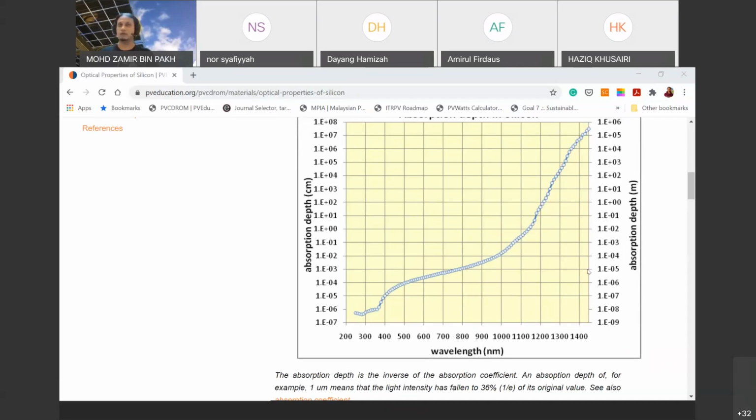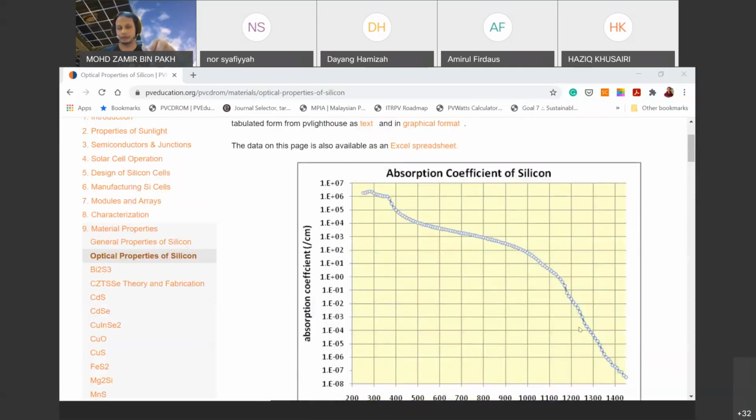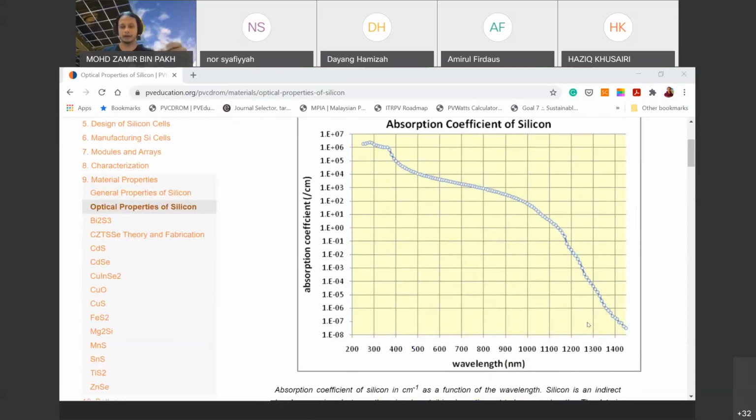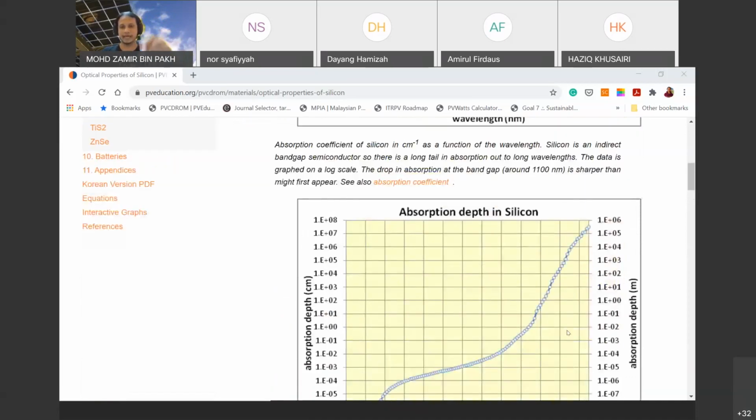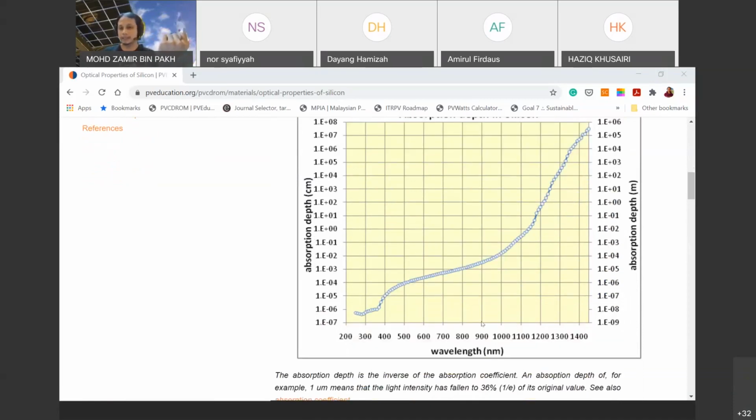Okay, so if you work with thickness of material, and in order to quantify light absorption, you can come back to the absorption depth curve of your semiconductor material. If you don't have the absorption depth, you can go back to the alpha of that particular material, and you just invert the alpha, 1 over alpha, then you're going to have this depth, and then you can plot it in cm or in meter as well, and correlate with the thickness required in order for you to absorb certain wavelength of the photons from your incident light.